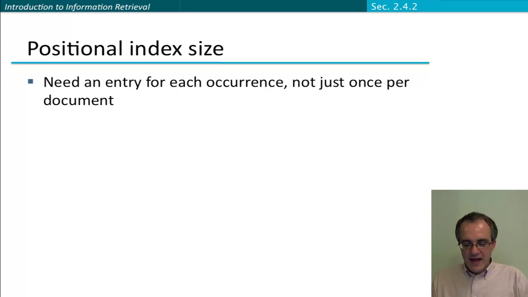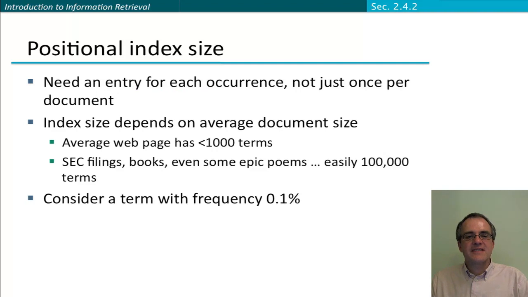And so when we're estimating the size of a positional index, we note that there has to be an entry for each occurrence of a word, not just once a document. So what that means is that the size of the index depends on the average length of the documents now. So if we have fairly short documents, it's not such a big deal, because actually most of the words that occur in a document occur only once or twice.